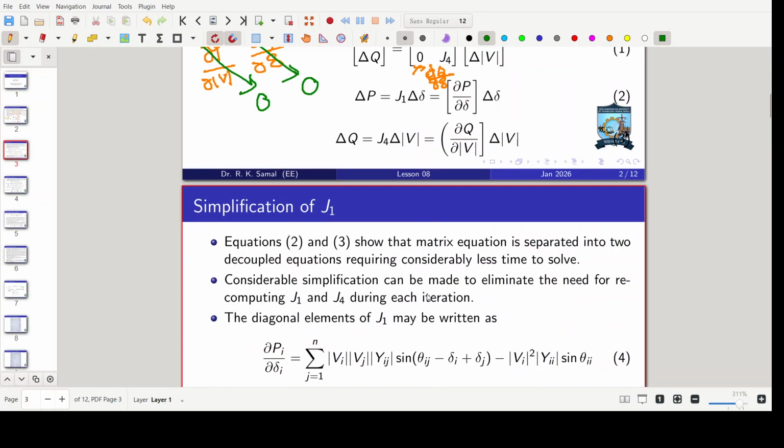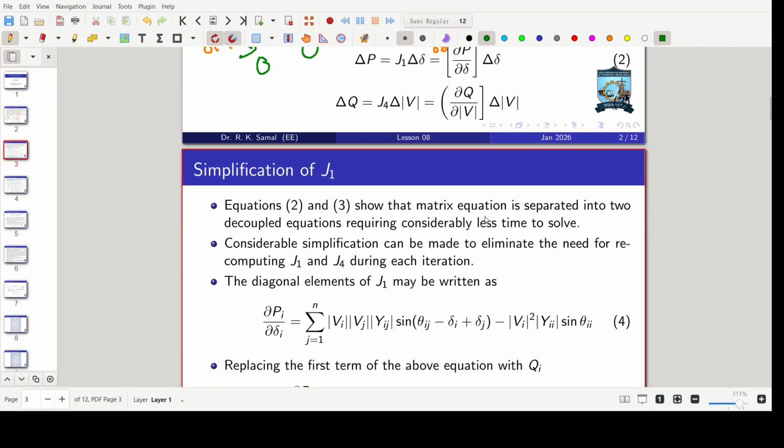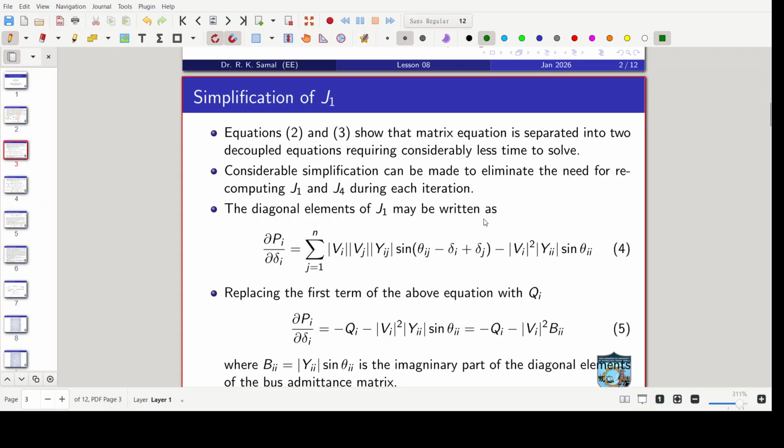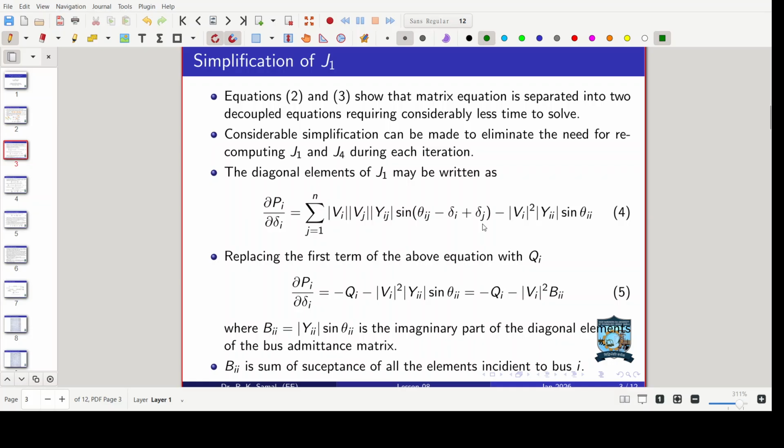To make it fast decoupled, we can make further assumptions. So, what are the simplifications? Equations 2 and 3 show that the matrix equation is separated into two decoupled equations, requiring considerably less time to solve. Further simplification can be made to eliminate the need for recomputing J1 and J4 in each iteration.